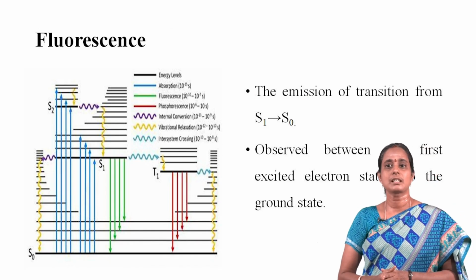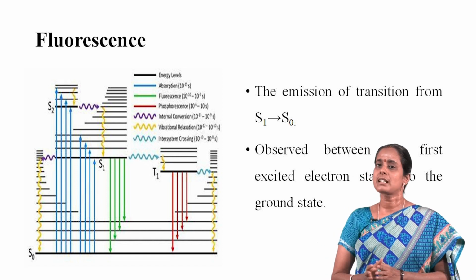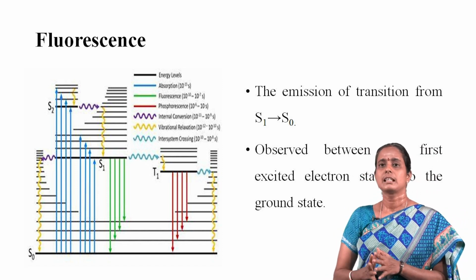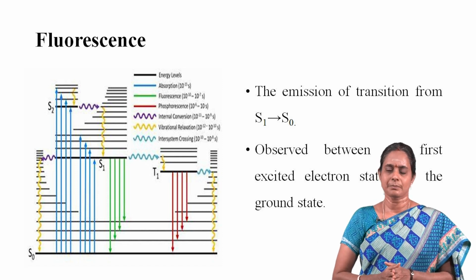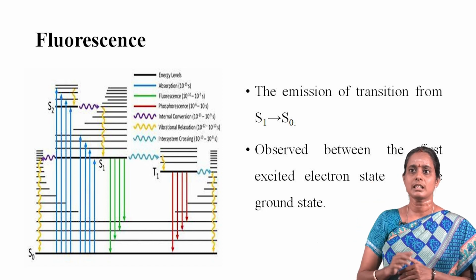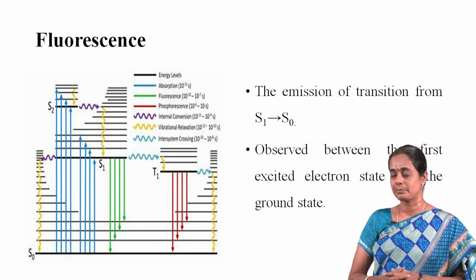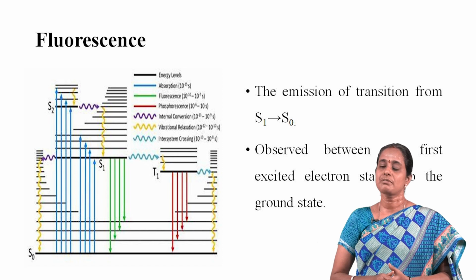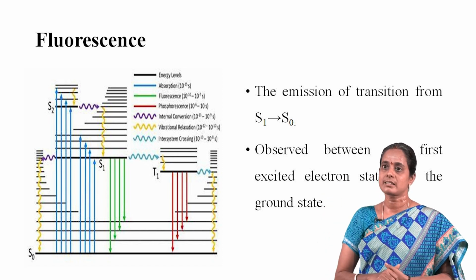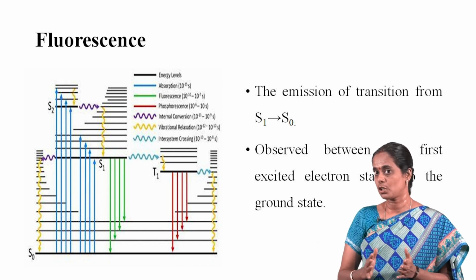First we see fluorescence. The emission transition from S1 to S0 is known as fluorescence. It is observed between the first excited electronic state and the ground state. It is the migration of electrons from a higher energy state to a lower energy state by emitting photons.